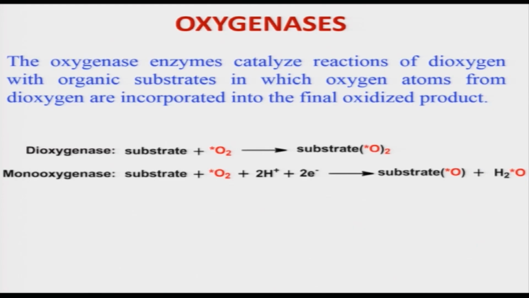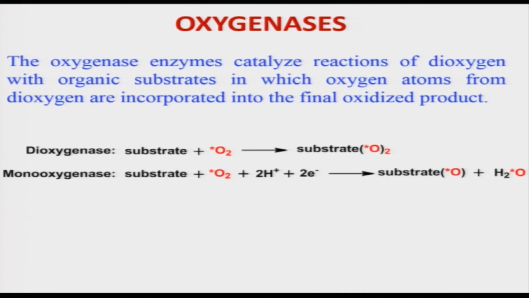One is the dioxygenase reaction, in which both oxygen atoms of dioxygen are incorporated into a single substrate. The other is the monooxygenation reaction, in which only one oxygen atom of dioxygen is incorporated into the major substrate.